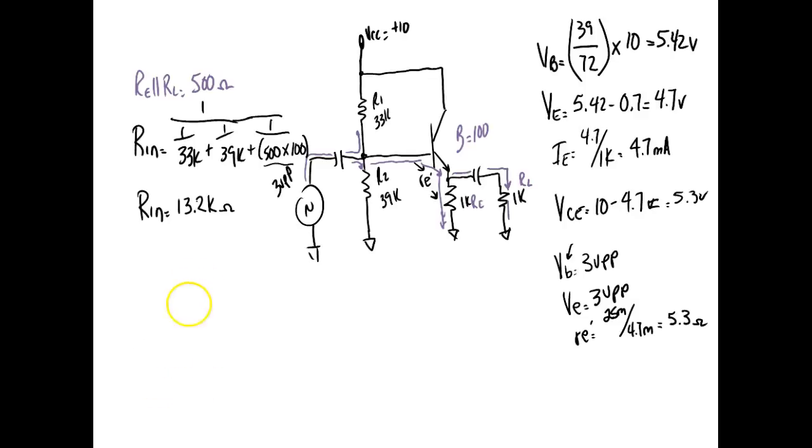Where we say AI would be equal to I out over I in. So how would we calculate I in? We'd calculate I in by taking Vn and dividing it by Rn. And that would be my input current, right? Then we would multiply that times V out, I'm sorry, I got this wrong.